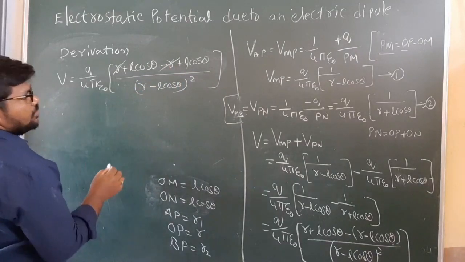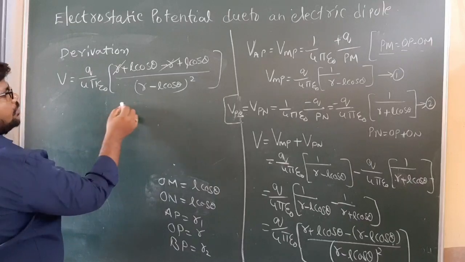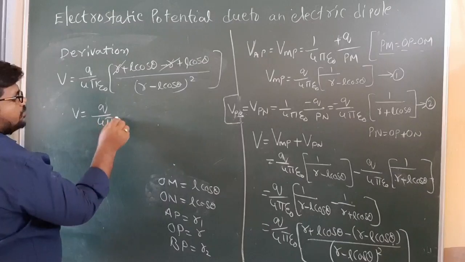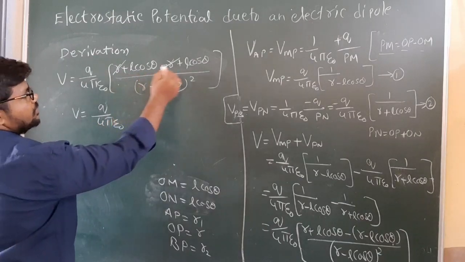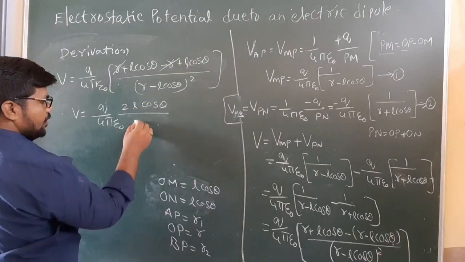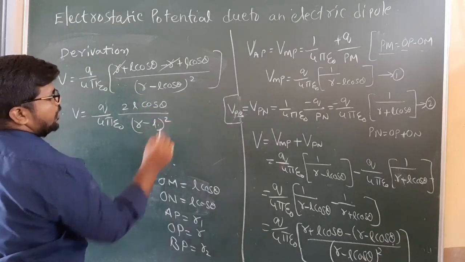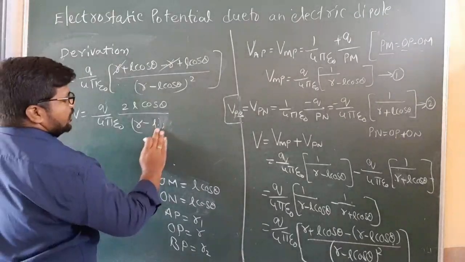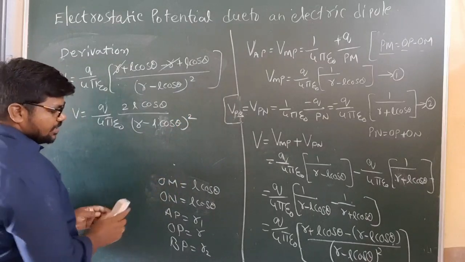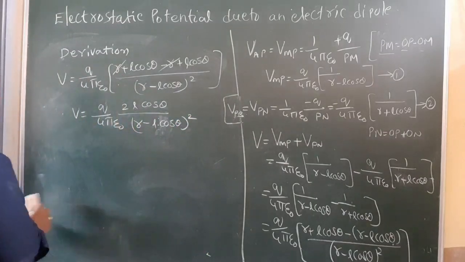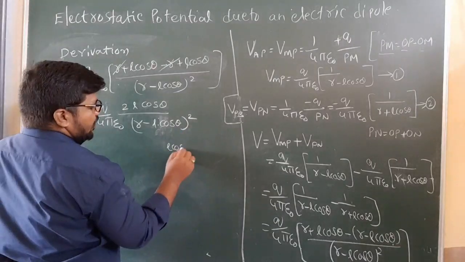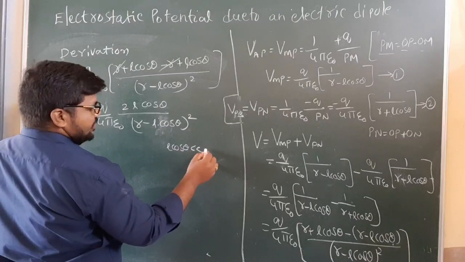Here in this case we write V is equal to Q by 4 pi epsilon naught, L cos theta plus L cos theta, 2L cos theta divided by R minus L cos theta whole square. Okay, it's clear? Here the term L cos theta is very less than R.